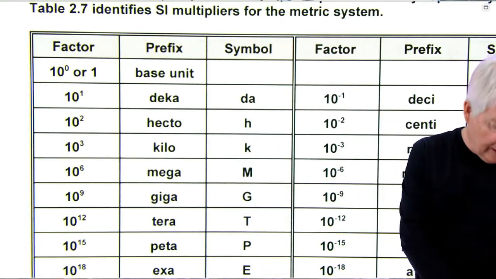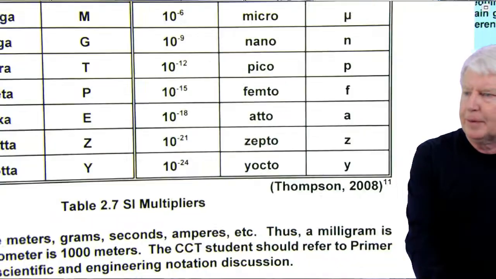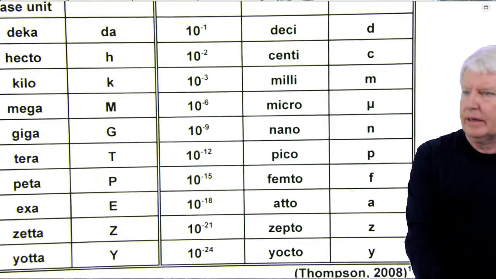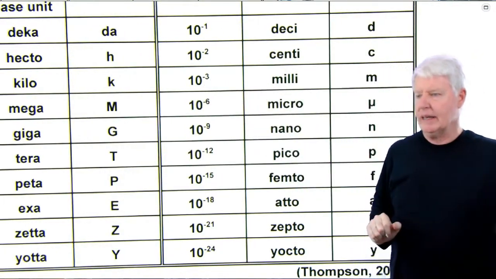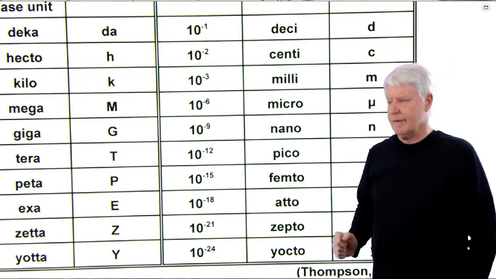Now, I'm looking for M and F, so I'm going to have to come over here a little ways. And there it is, right there. M is milli, which is 10 to the negative 3, and femto, F, is 10 to the negative 15th.